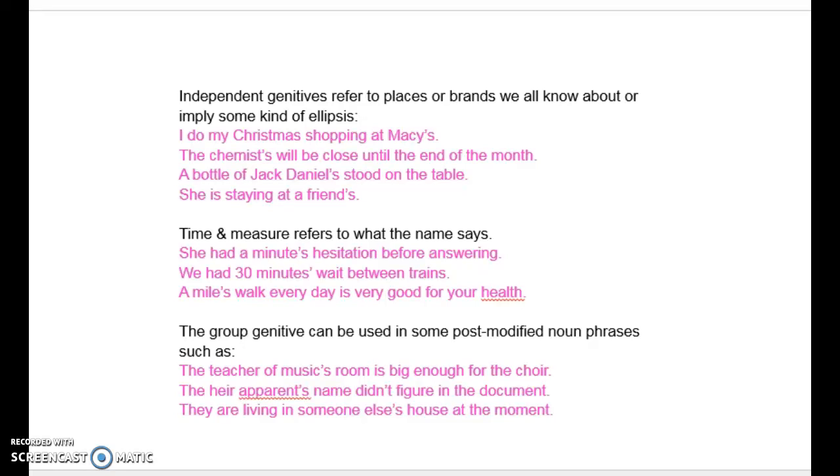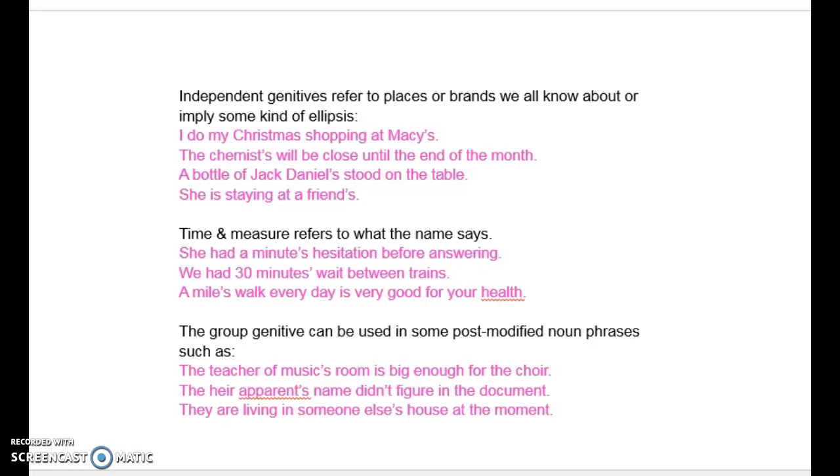In the next one, where you have a mile's walk, the same thing happens because a mile is only 1, so you are going to have the apostrophe before the S at the end of the noun. The group genitive can be used in some post-modified noun phrases, such as the teacher of music's room, and here we know that we are talking about the room that belongs to the teacher of music.